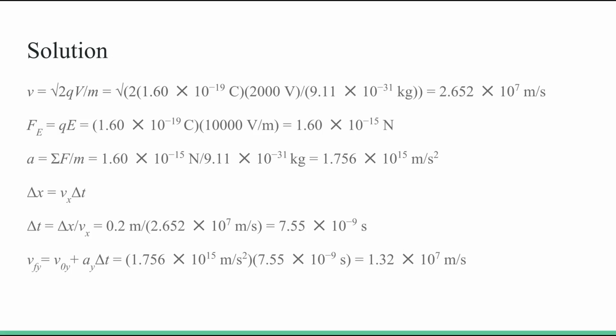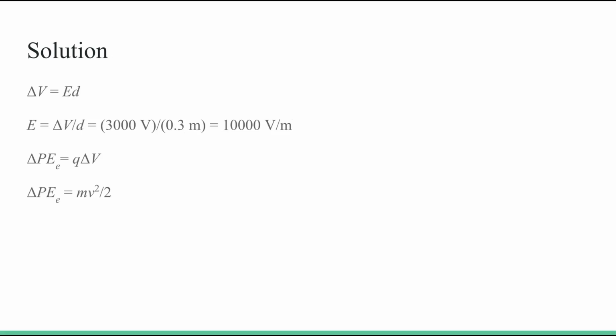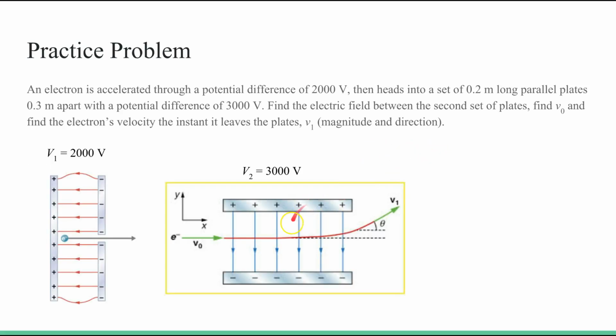So delta x equals Vx delta t. So it is basically a kinematics problem. So how long will it take for the electron to travel this distance? So we want to find the velocity over here right after it leaves the plate. So we want to find the time it takes for the electron to actually get to the end of the plates.